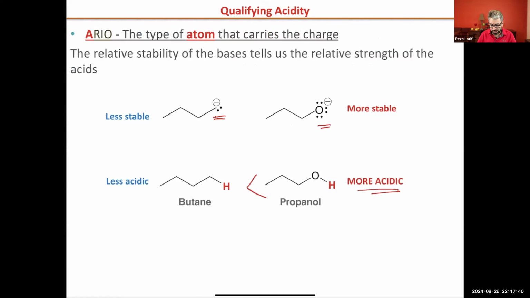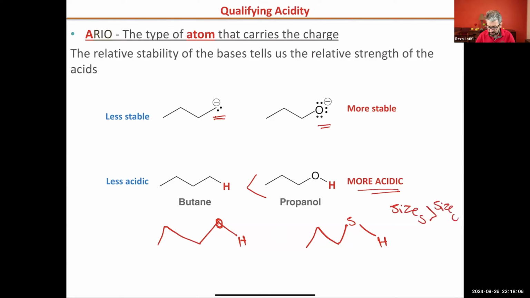Now, how about this? If we, for example, do this one with oxygen attached to hydrogen, and for the next one, the same thing, but sulfur versus hydrogen. Now, the size of sulfur is bigger than the size of oxygen.